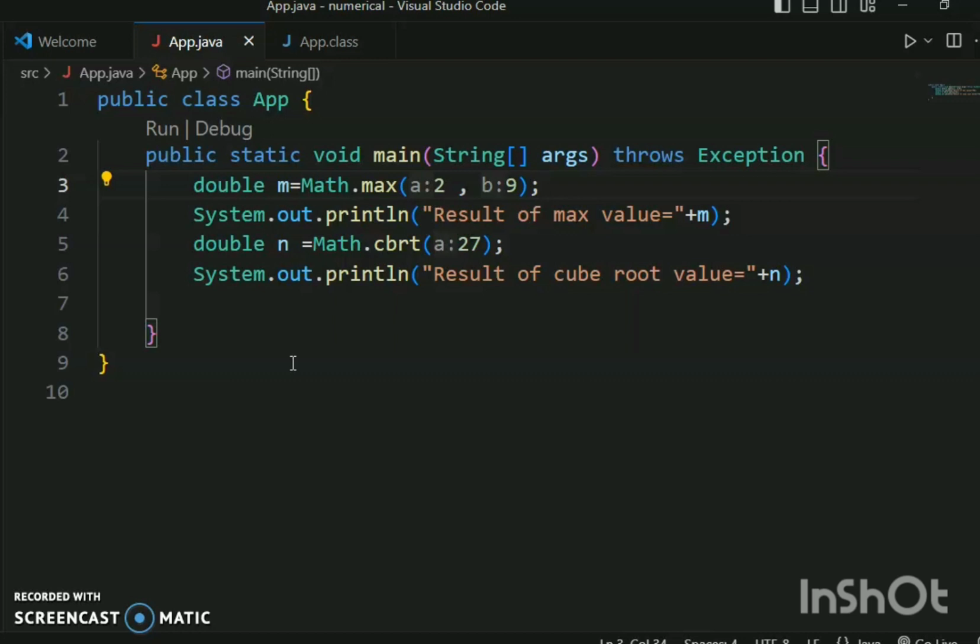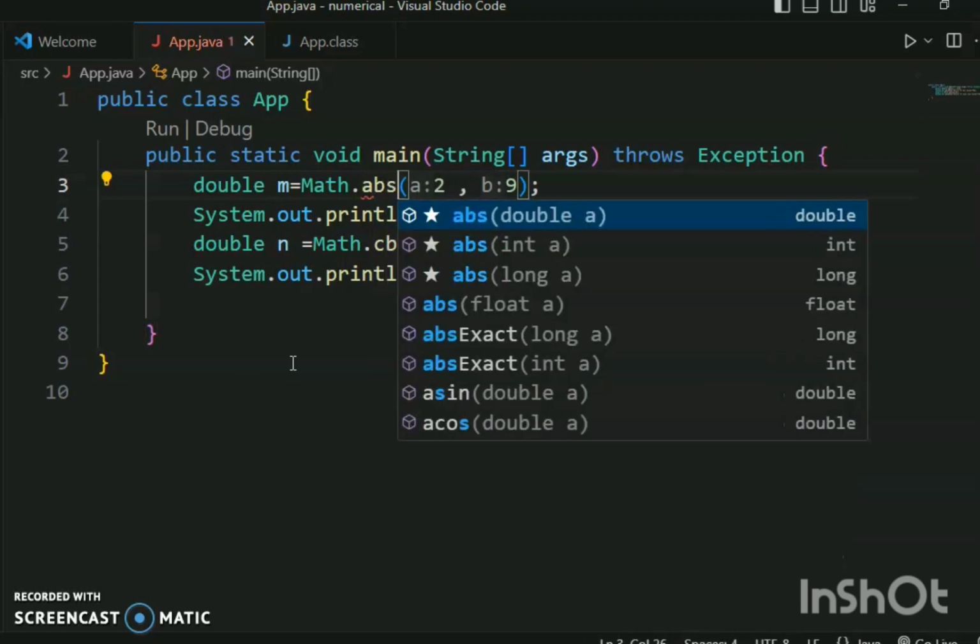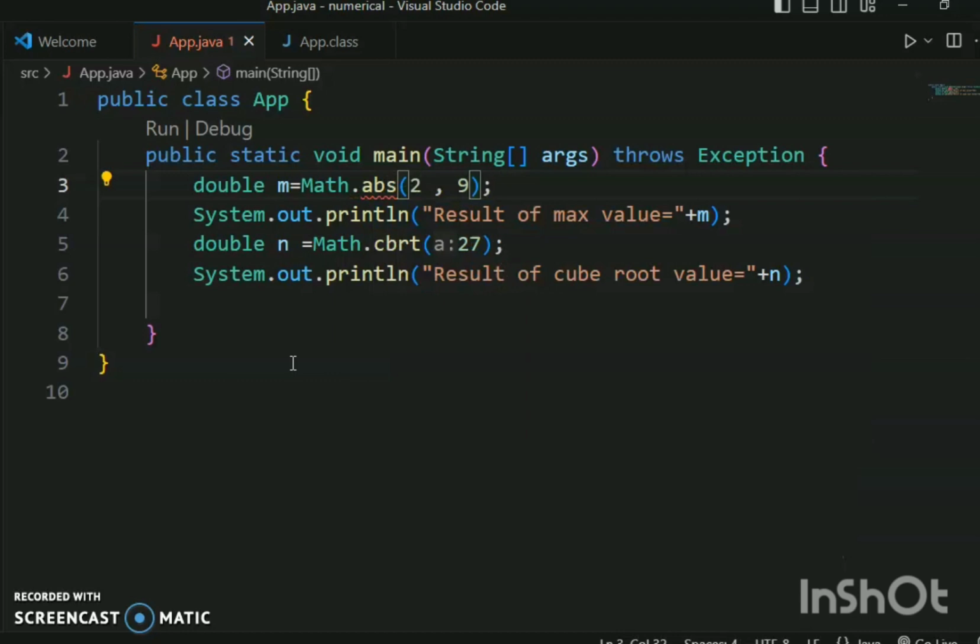Now we discuss maths absolute, ABS. So ABS value, absolute value can be written -8.